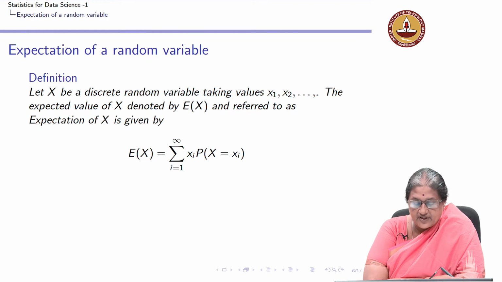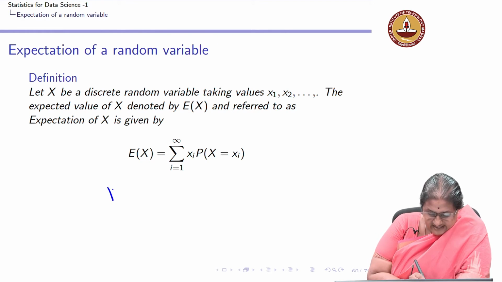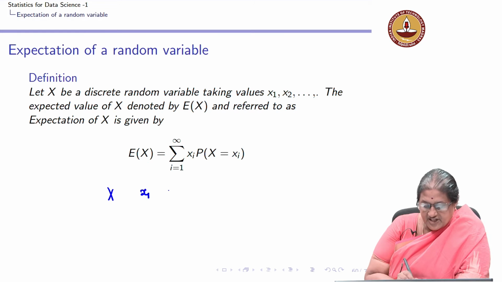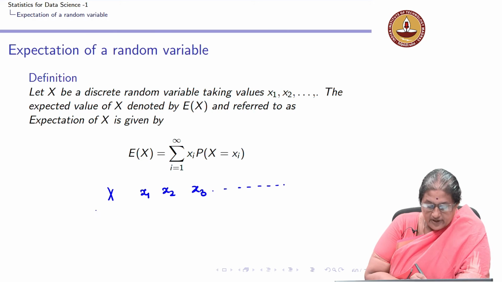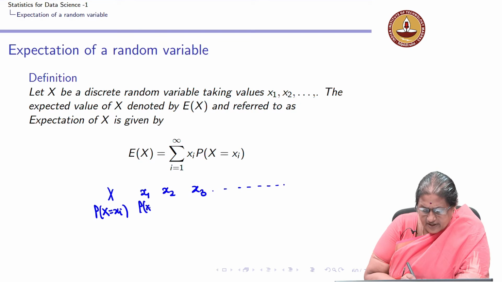So, here you can see the expectation of a random variable. I can define the expectation of a discrete random variable. Suppose x is a discrete random variable which takes values x1, x2, x3 and so forth, countably infinite, with the respective probabilities probability x equal to x1, probability x equal to x2, and so forth.